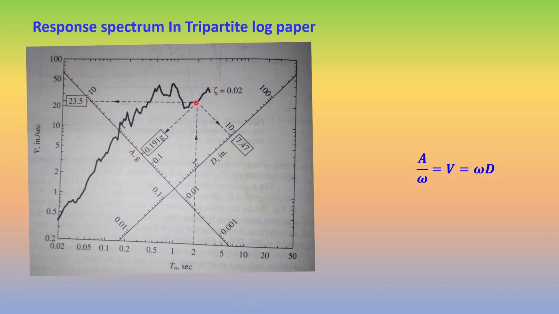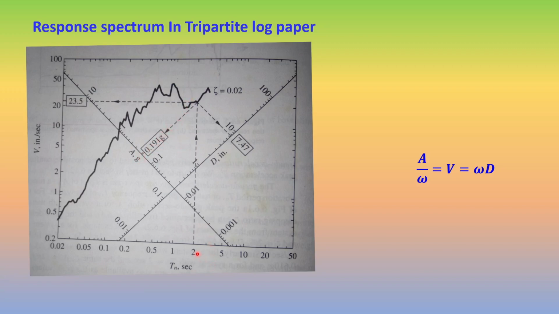From this point at 2 seconds, you draw a perpendicular to the displacement axis, and this gives you the peak displacement corresponding to that time period. Similarly, if you draw a perpendicular to the acceleration axis, then you get the peak acceleration corresponding to that time period.